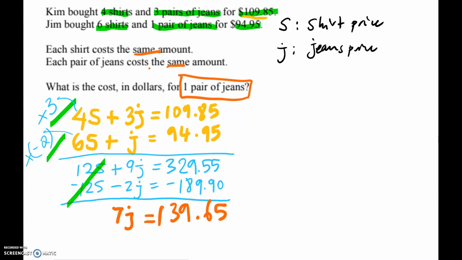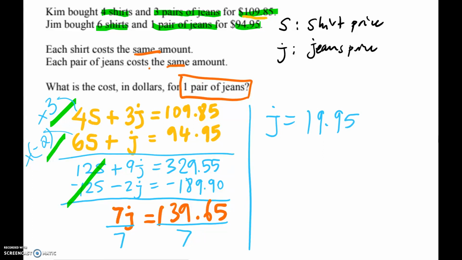If you divide both sides by 7, you can isolate J. I can find the unit price for one pair of jeans. 139.65 divided by 7 equals $19.95. This is the unit price for a pair of jeans.